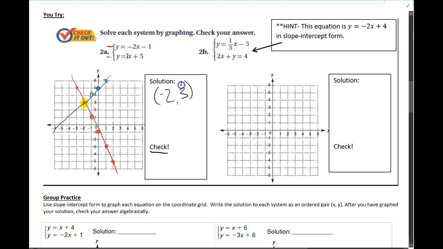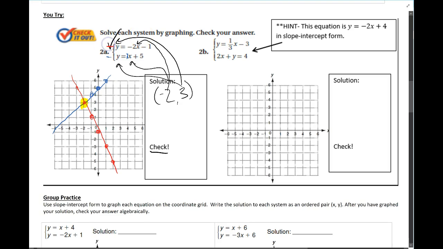So for example, if I take my y value and put it into my y's, and my x value and put it into the x's, it should end up equaling. So for example, is 3 equal to -2 times -2 minus 1? Well, -2 times -2 is 4, minus 1 is 3.